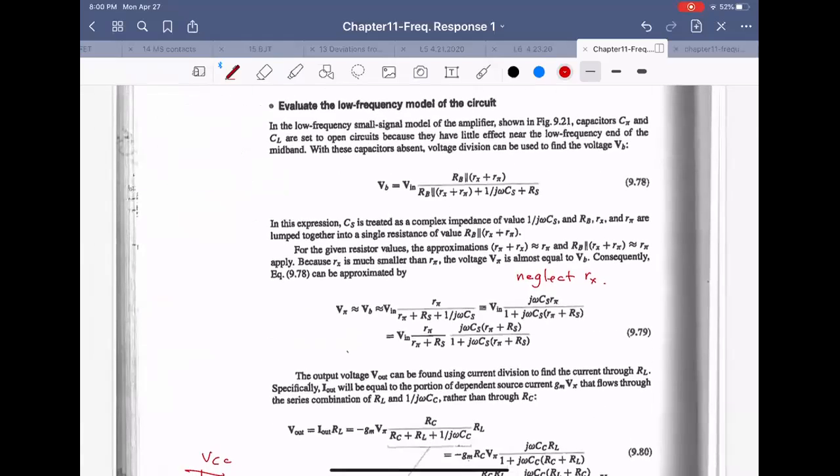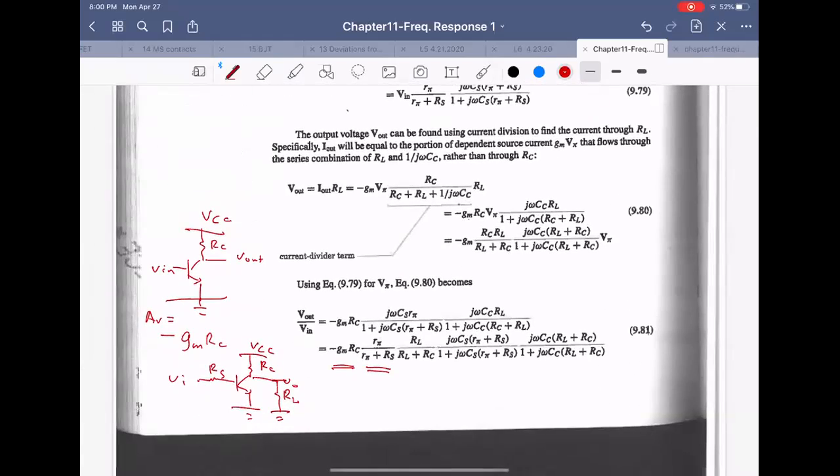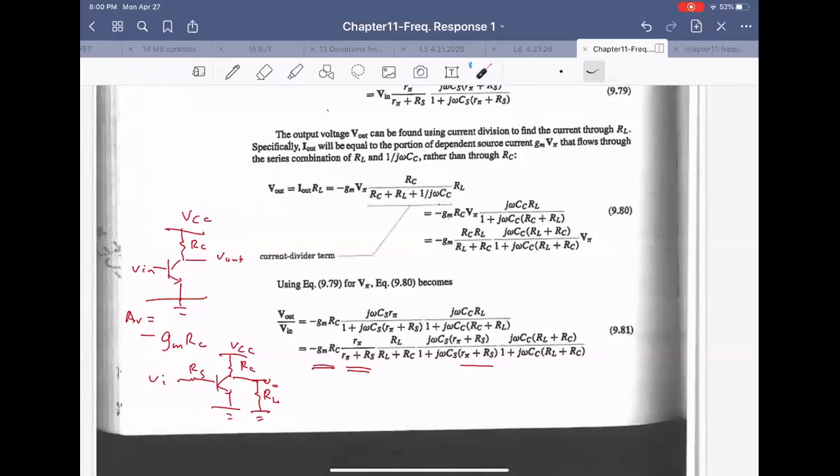From here, what we can see is, if this term is like 1 plus J1, if this is 1, and if this is 1, then the gain will be reduced by 1 over square root of 2 in amplitude at that frequency.